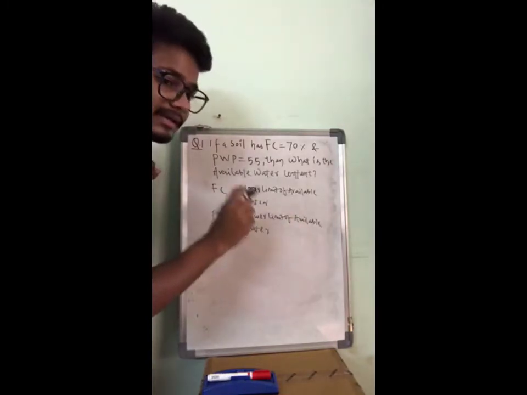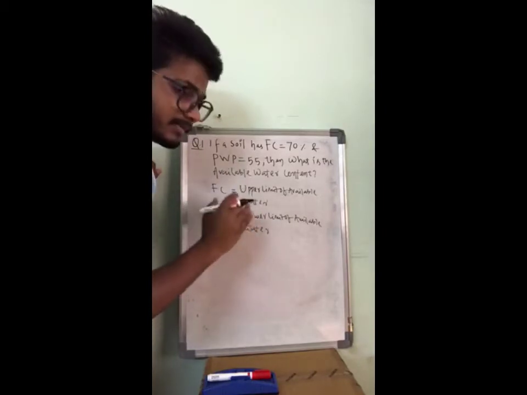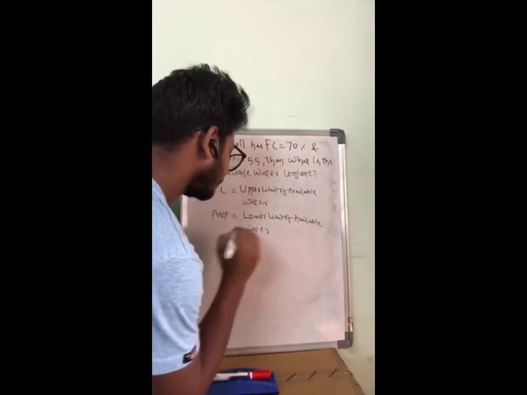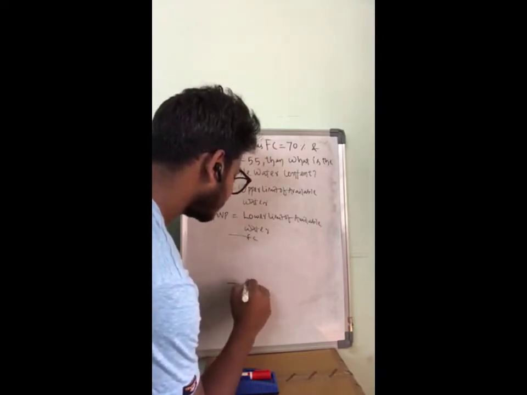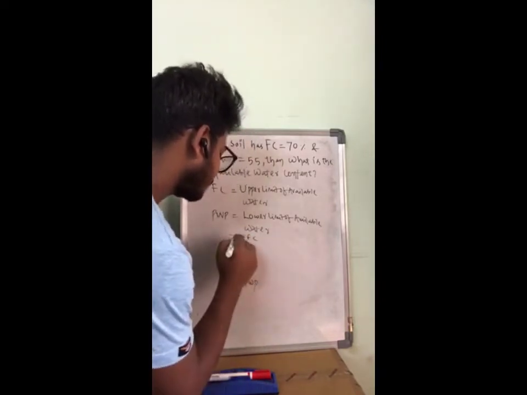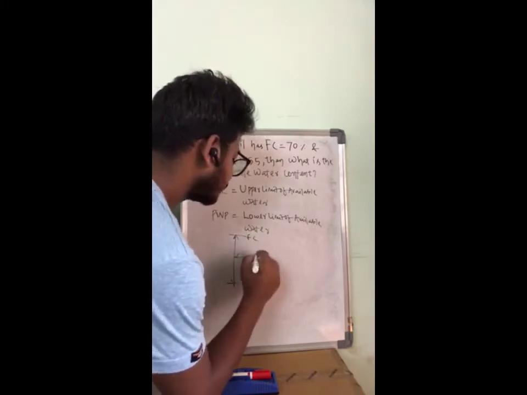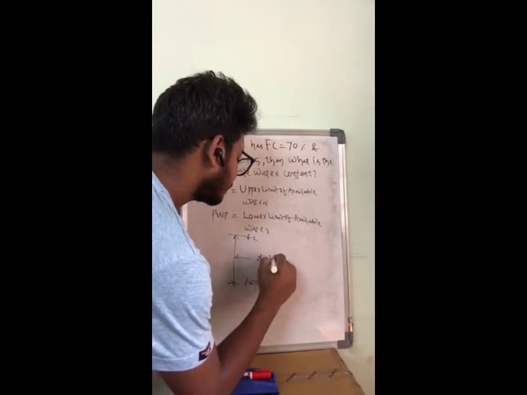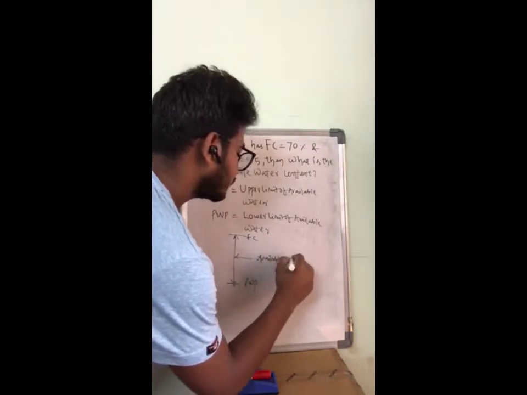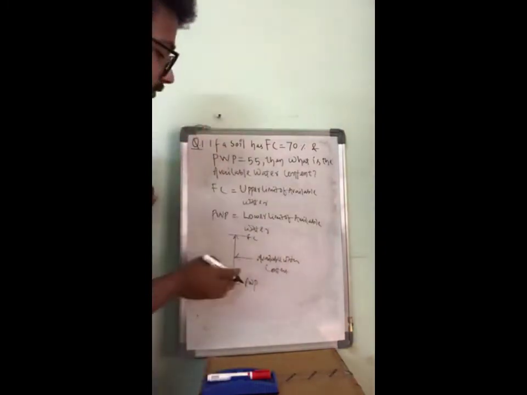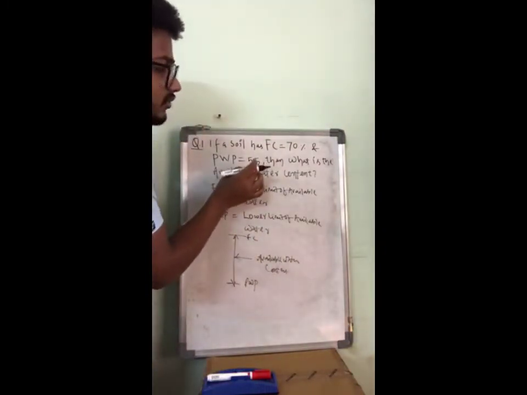The plant can take water from this point also. If this is FC and this is PWP, then this range is the available water content.